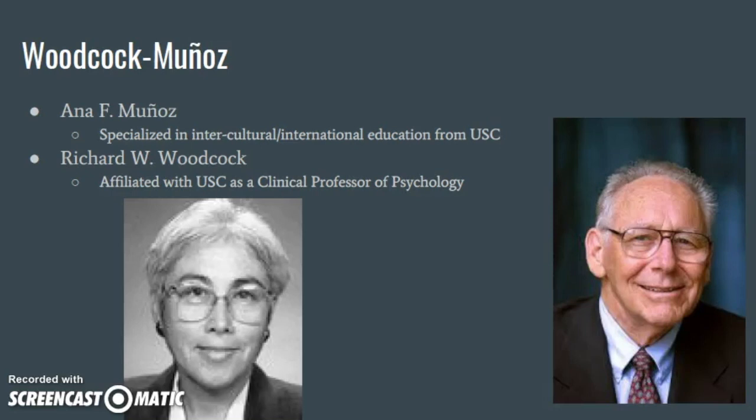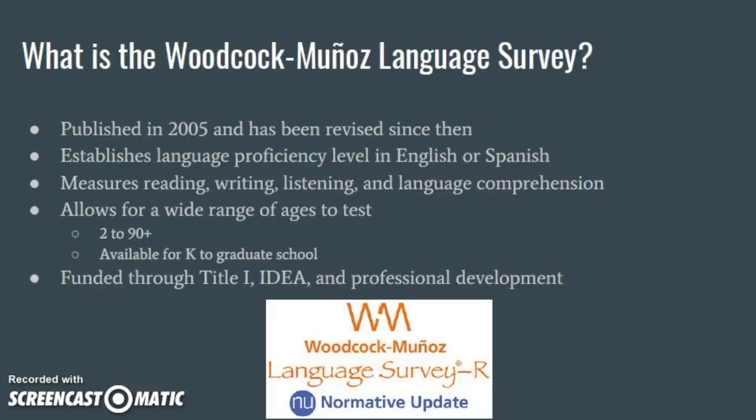There are two important people who contributed to the primary language assessment: Dr. Anna F. Munoz and Dr. Richard W. Woodcock. Both Woodcock and Munoz have affiliation with the University of Southern California. Both Munoz and Woodcock created an assessment that was designed to measure ability and achievement of the language proficiency of English language learners.